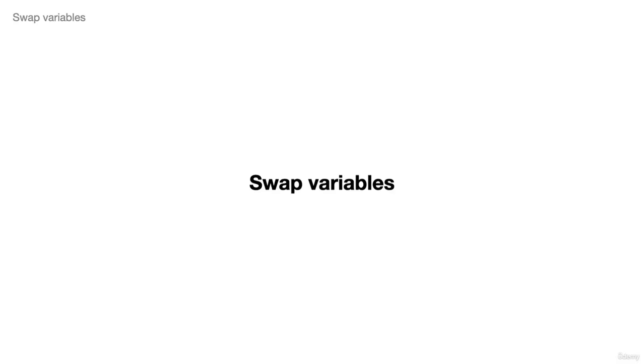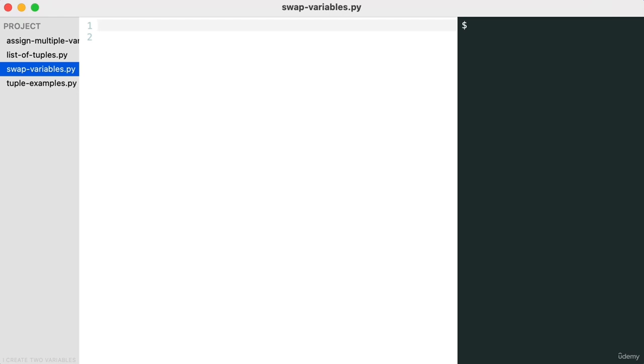The next Python feature is very interesting to anyone who had to swap 2 variables before. I create 2 variables and print them. A is 10 and B is 20.